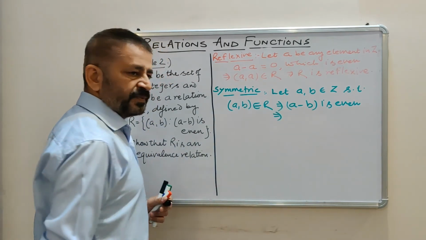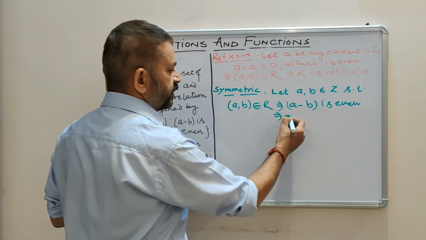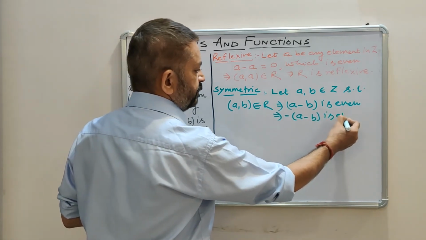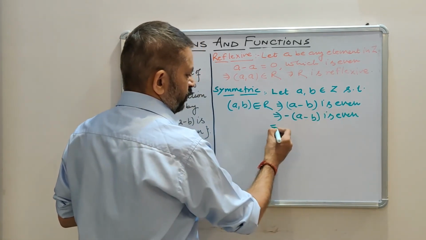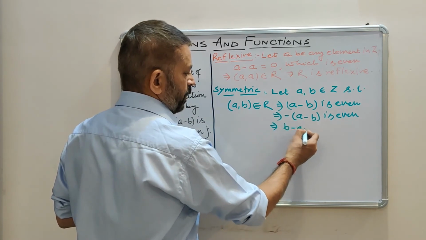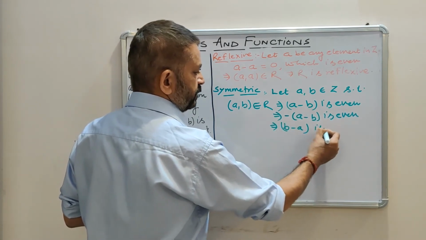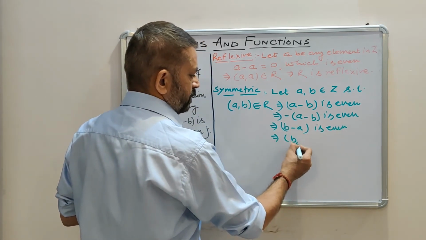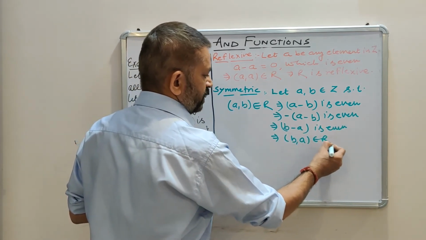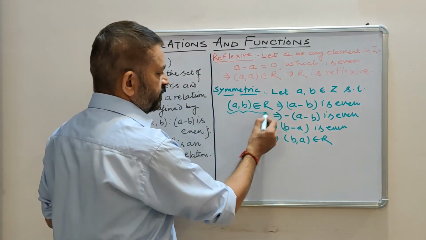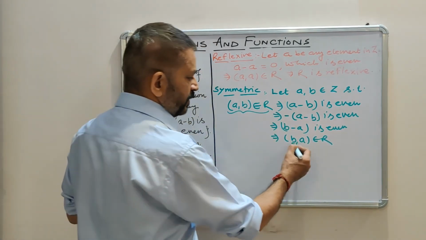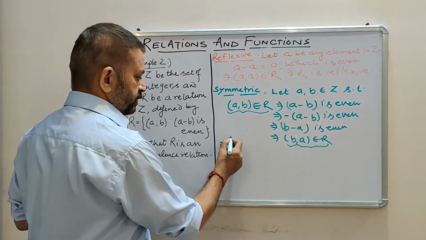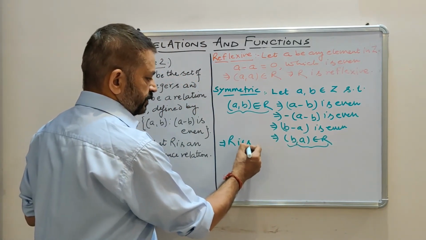If a minus b is even, we can say that negative of (a minus b) is also even. If you open the brackets, it will become b minus a is even. It means (b, a) belongs to R. So (a, b) was in R, and we have shown that (b, a) also belongs to R. It means R is symmetric.